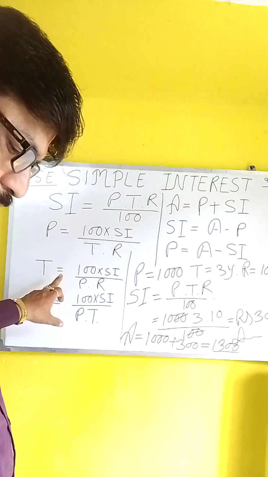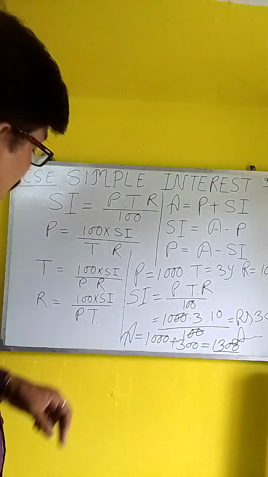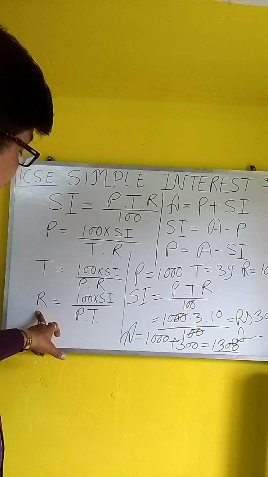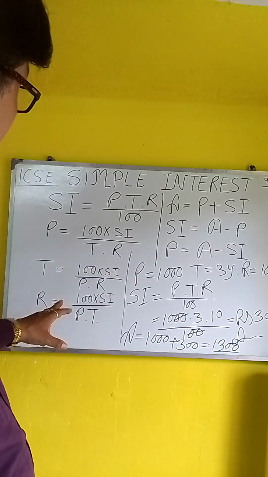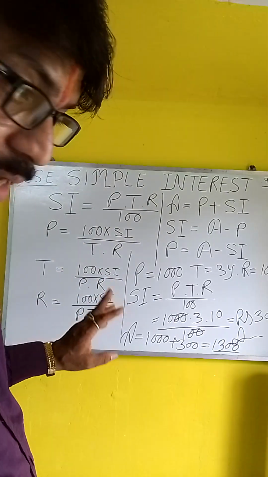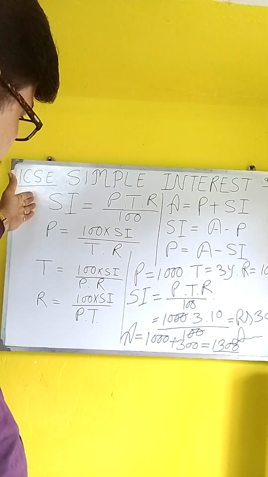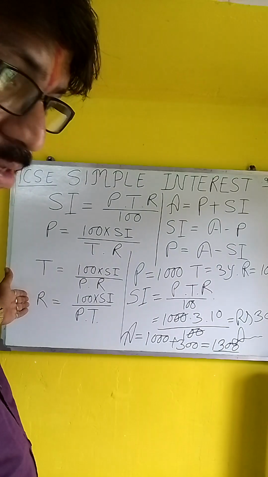Time is equal to 100 into SI by P into R. If we like to find out the rate of interest, it is 100 into SI by P into T. In this way, we can calculate the simple interest, principal, time or rate of interest.